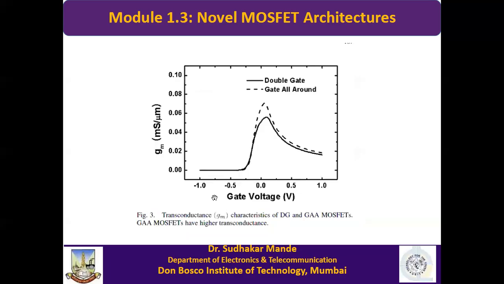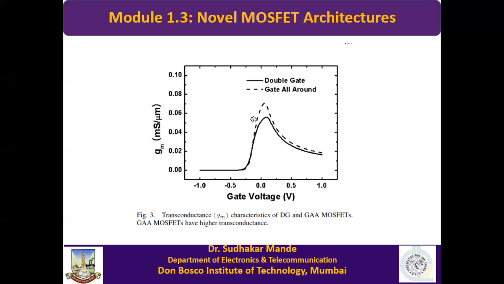Then transconductance, gm, you might have heard about gm. gm is the change of drain current with respect to change of gate voltage, and it should be high. The reason is that the gain or speed of the MOSFET depends upon the value of transconductance.